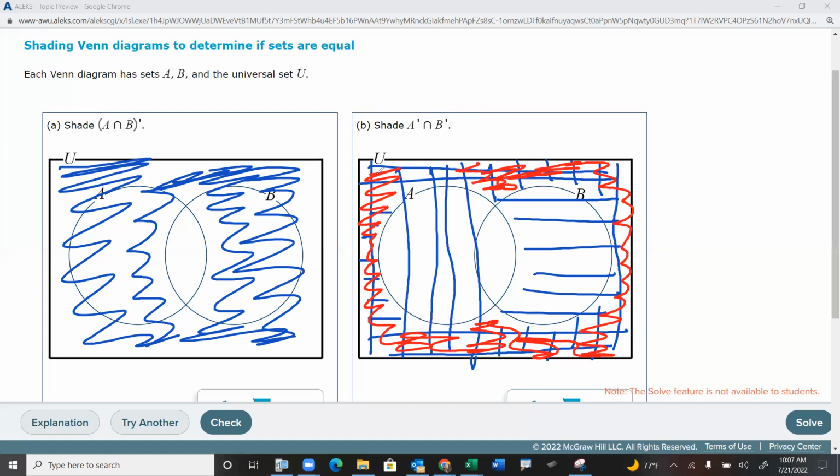So yeah, it looks like it's just everything outside of the two circles, two sets, A and B. So on the left, everything shaded is the answer, and on the right, everything that's in red or brown or whatever is the answer. Okay, so then the follow-up question down below is, are the two sets equal to each other? No, they're not. The same regions are not shaded in both diagrams.